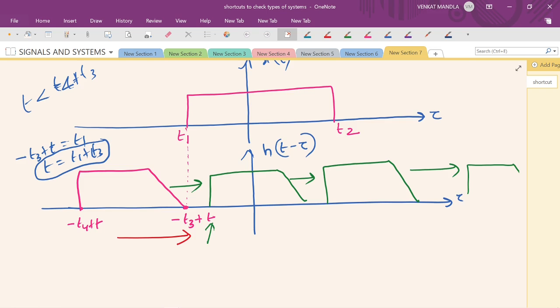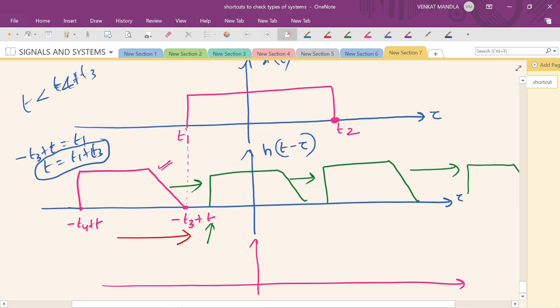So this is h of t minus tau, and here for x of tau, this is the t2. If this point of h of t minus tau is exactly here, then you will get the rightmost point.